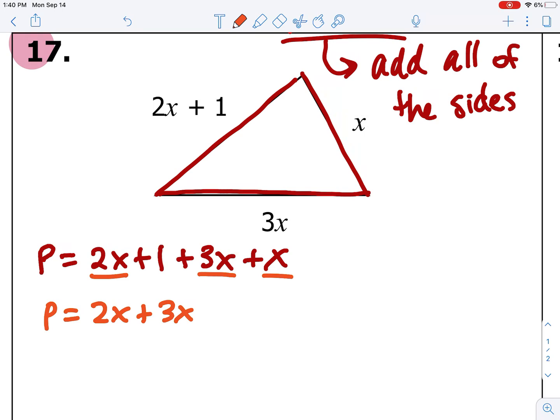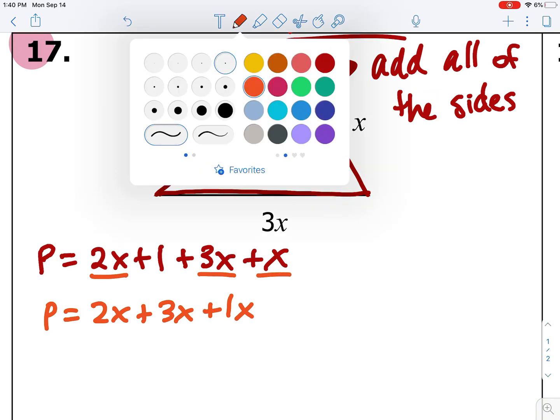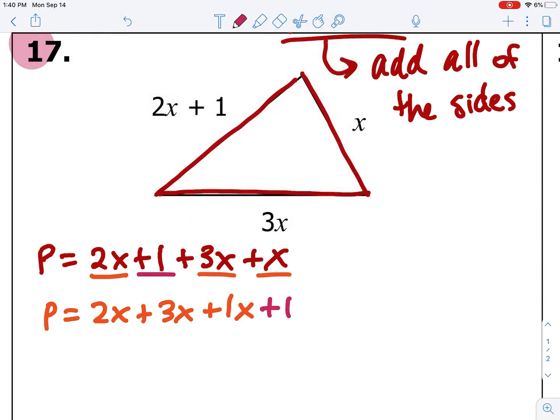I also notice that this last x right here does not have a coefficient. This last x has just an x. Remember that when there's no coefficient, the understood number in front of the variable is 1. So the coefficient for that term is 1. So I'm going to go ahead and write 1x so I remember that. And at the end, I just need to make sure I don't forget my constant term plus 1, even though there's no like terms to combine with it.